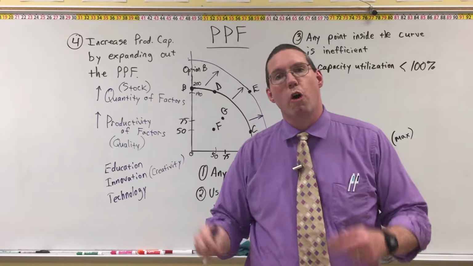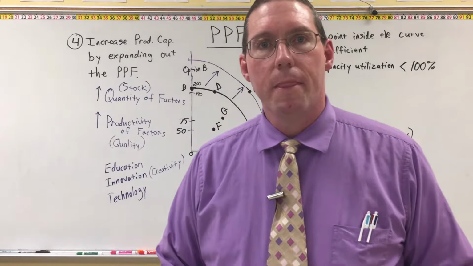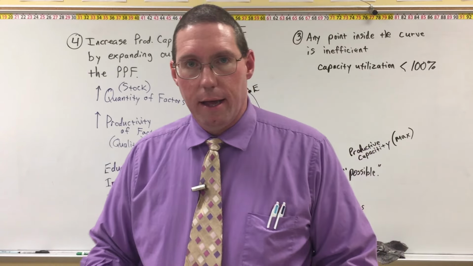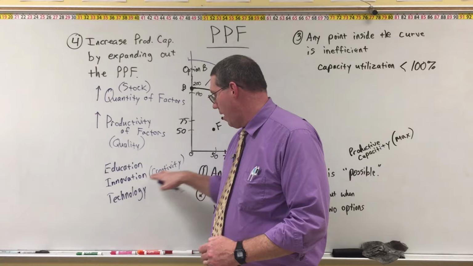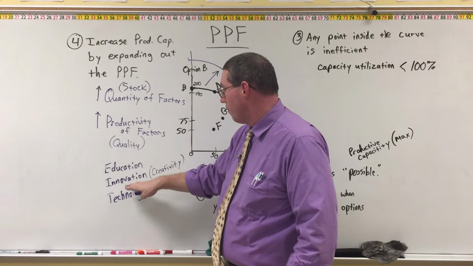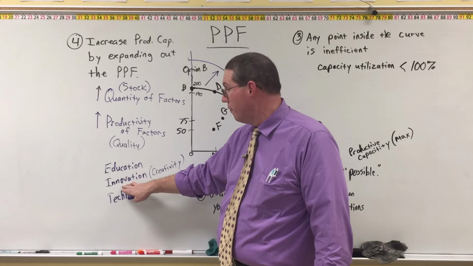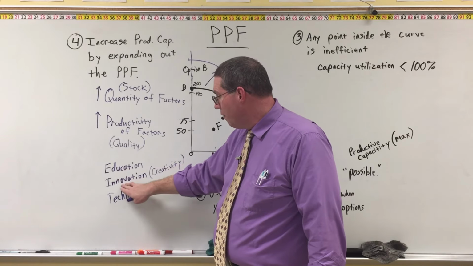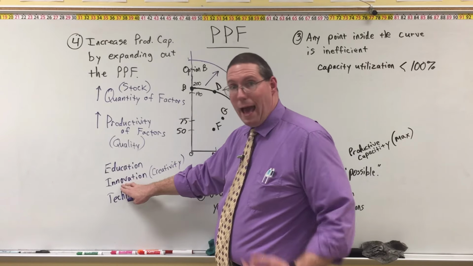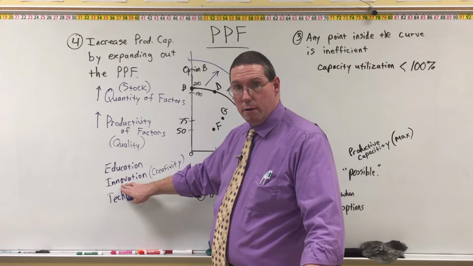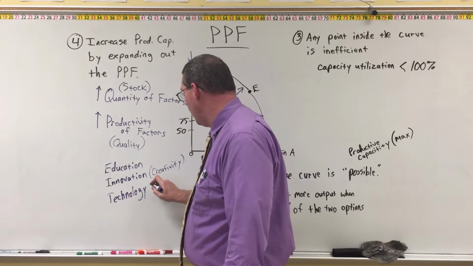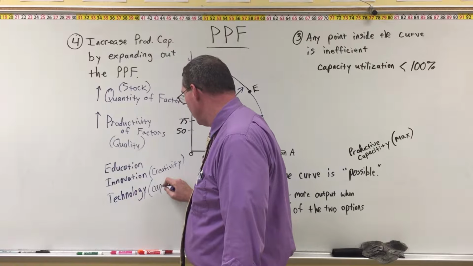We can use our existing technology in better ways than we used to use it, and therefore increase the productivity of our factors. That's just simply an issue of innovation. So education of our labor, innovation of our capital and our labor and our land, and then technology improvements, which is usually strictly a capital issue.